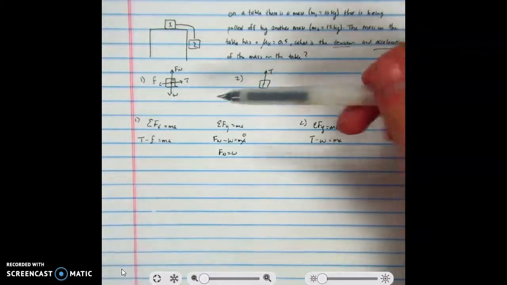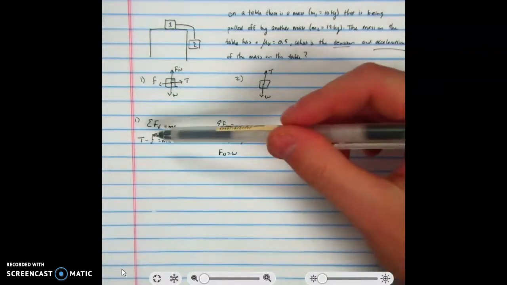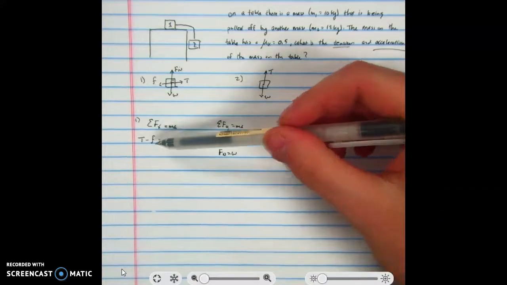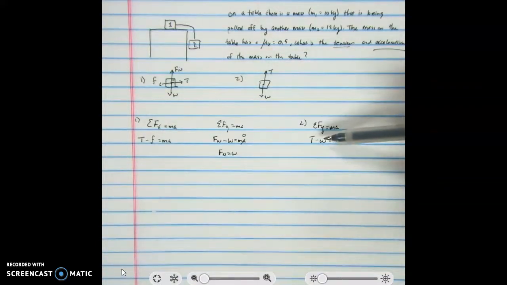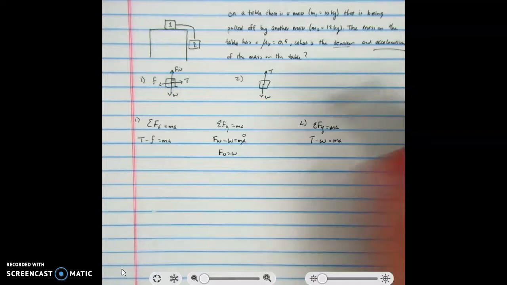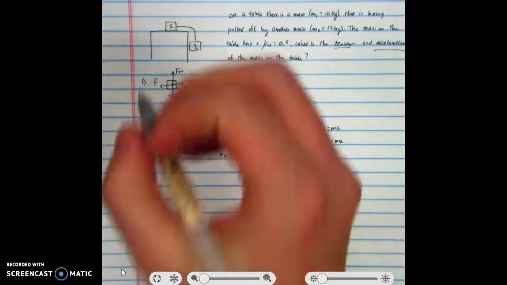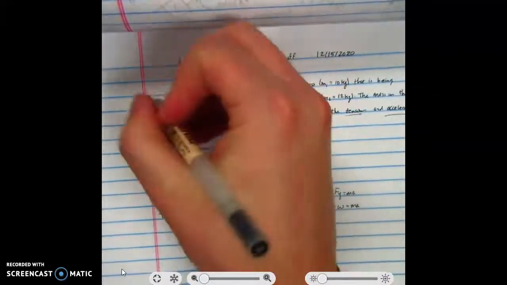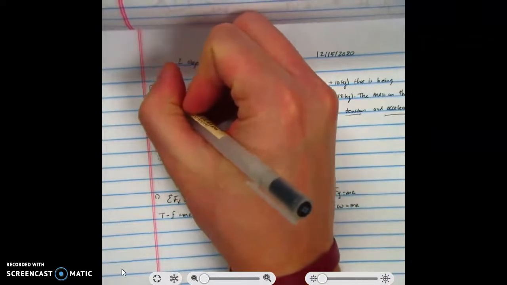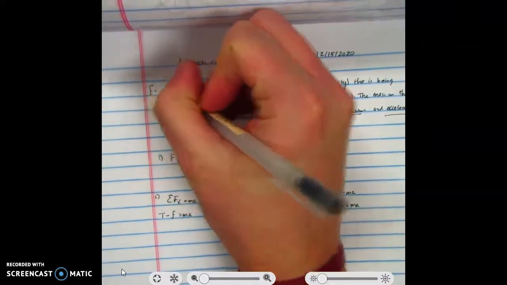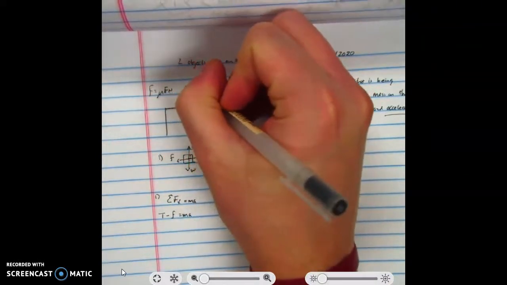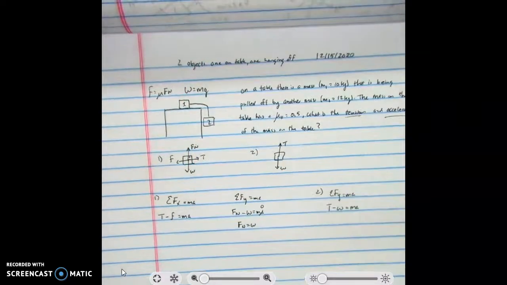Let's think about this. Friction I can solve for, and weight I can solve for. As a reminder, friction is equal to mu Fn, and weight is equal to mg.